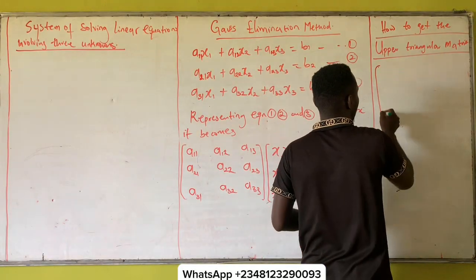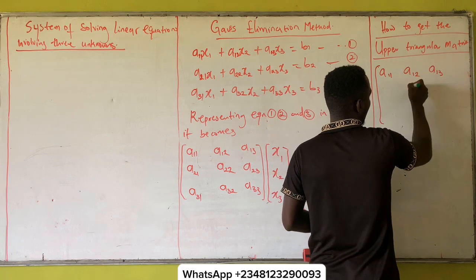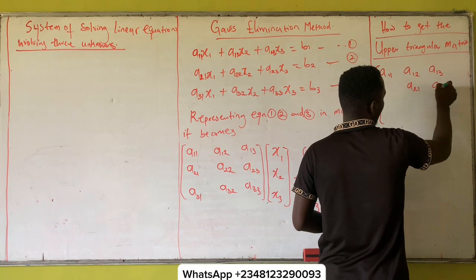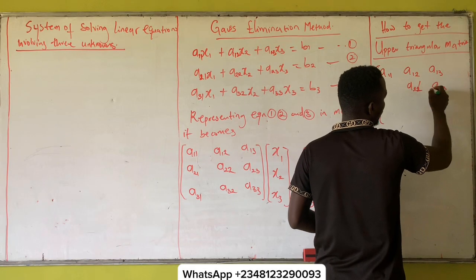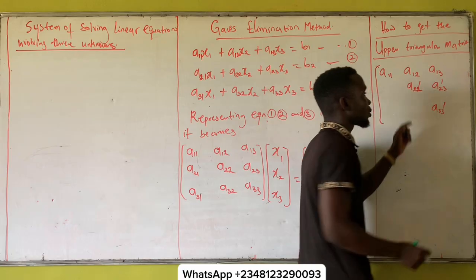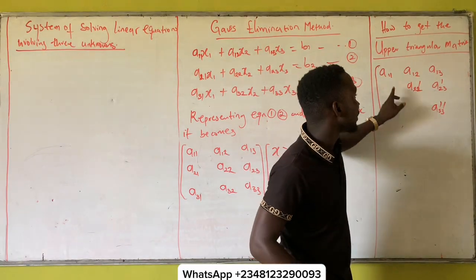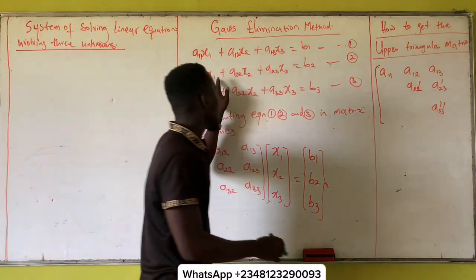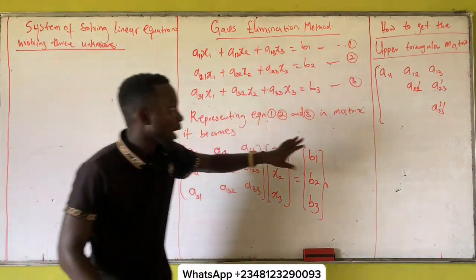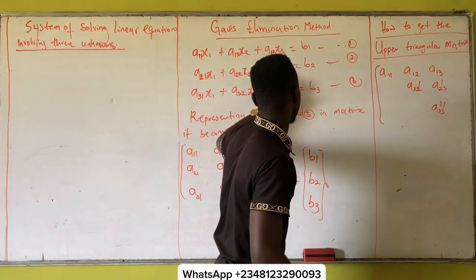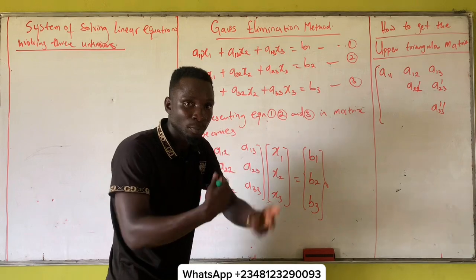This particular matrix, A11, A12, A13, A21, A22, A23, and A33. Let's say A23 prime, because I use prime here since while we are trying to eliminate x1 and x2 from this particular equation, the values of A22, A23, A31 and A32 are changing.